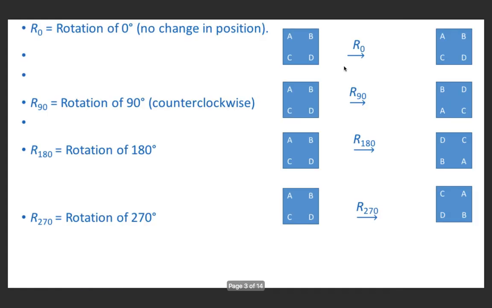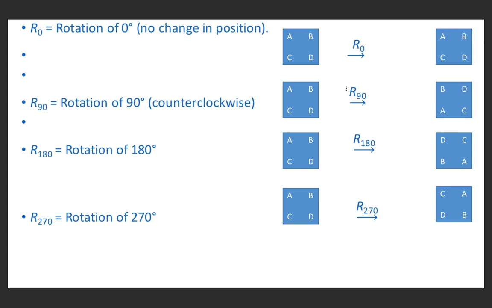So if we do not rotate this square, the position remains the same and we call this a 0-degree rotation. So in a rotation of 0 degrees there is no change in position of the corners.